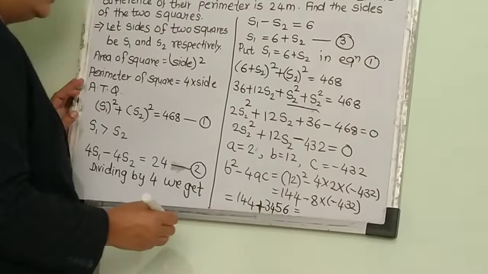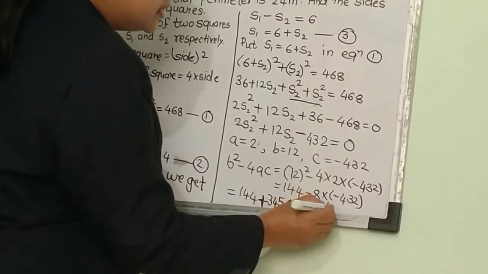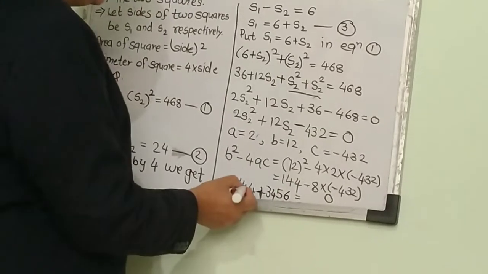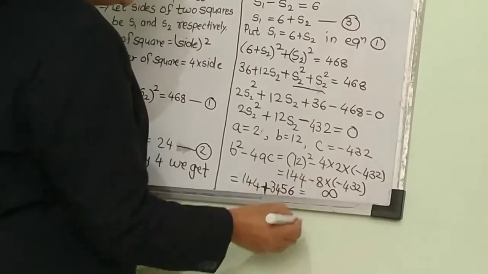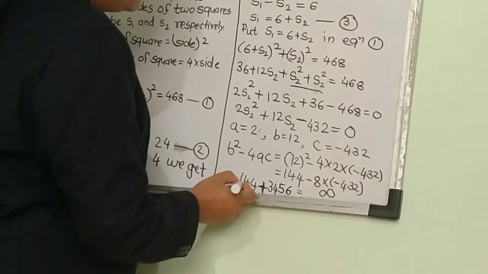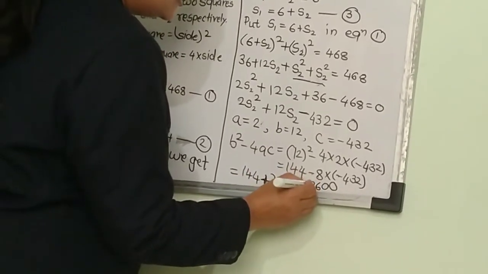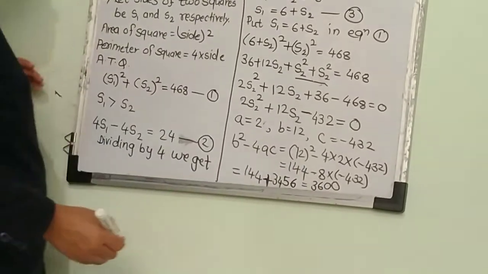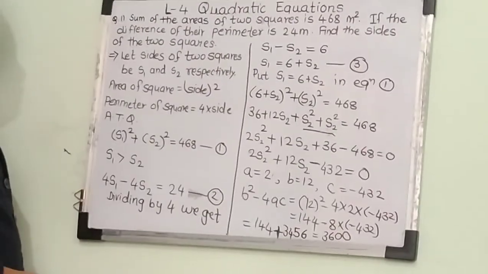So finally we get 4 plus 6, that is 10, 1 carry, 1 plus 4 is 5, 5 plus 5 is 10, again 1 carry, then 1 plus 1 is 2, 2 plus 4 is 6. So we get B square minus 4AC equal to 3600.